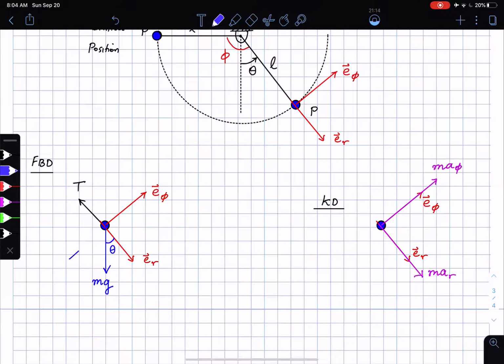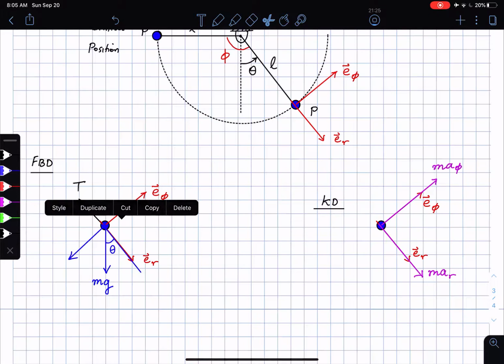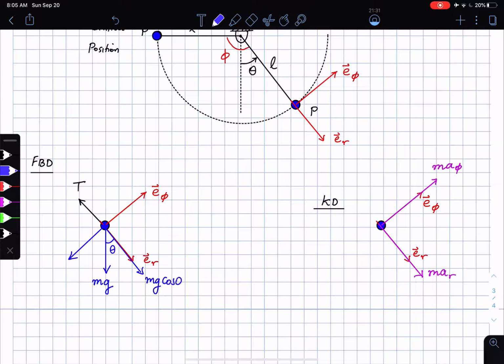So I'm going to break it into components in the E phi direction and then the ER direction. Here are the components, and I'm going to make sure that that is indeed in the ER direction. So this is going to be mg times cosine theta, mg times sine theta. Okay, so these are the components.